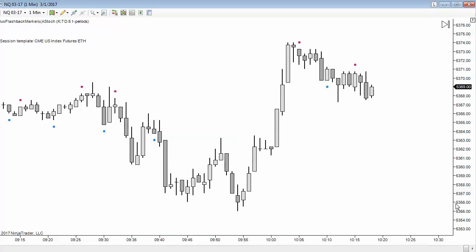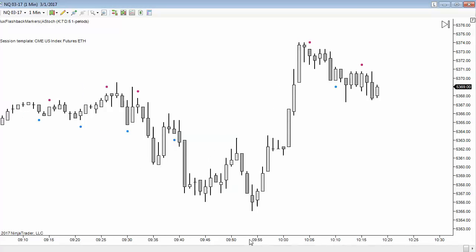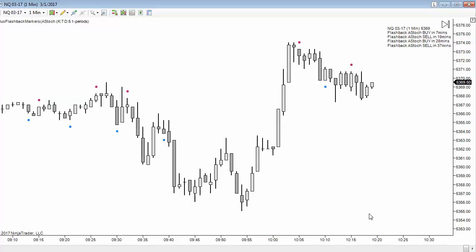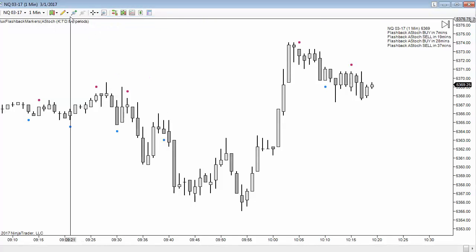Okay, so right off the bat, would we say that these signals are in the ballpark of where we would expect them to be? Should we even see the kinds of signals that we're seeing at these times in the NQ? And by that I simply mean this.